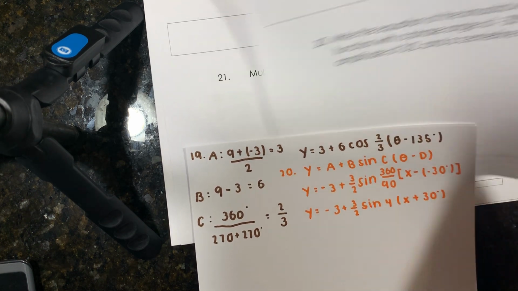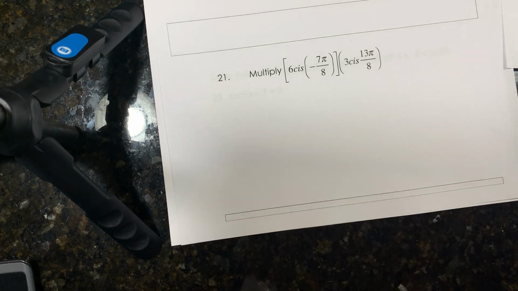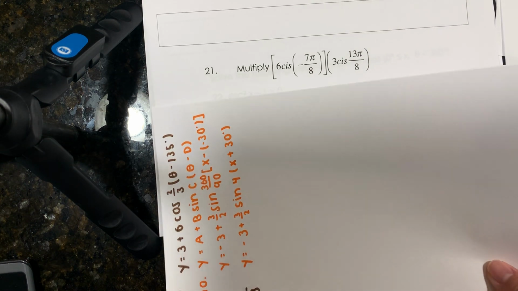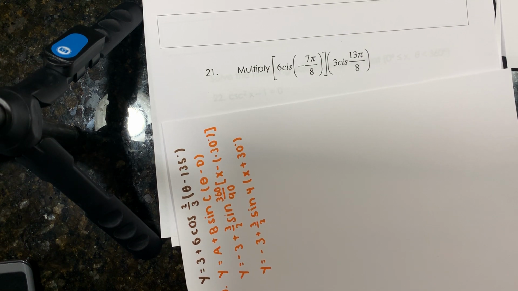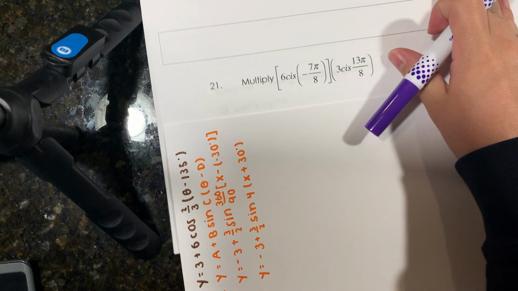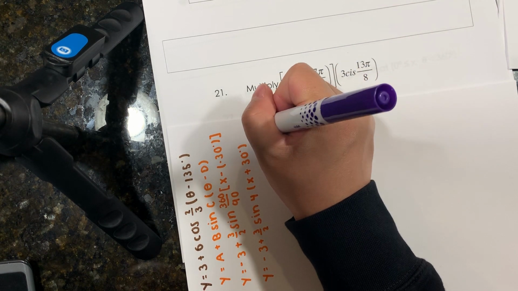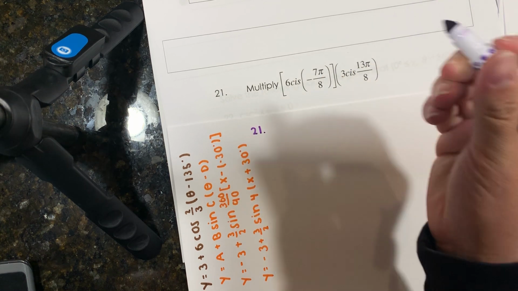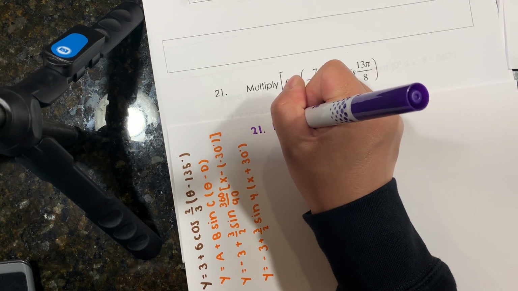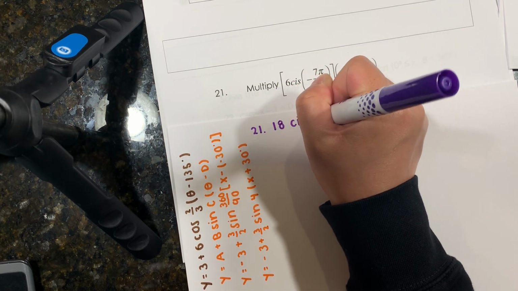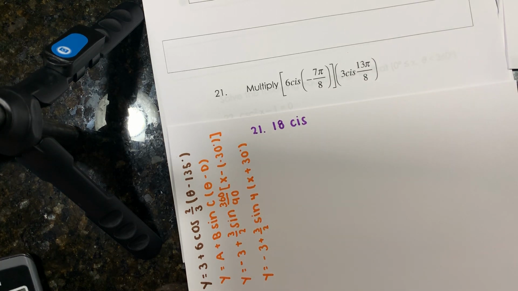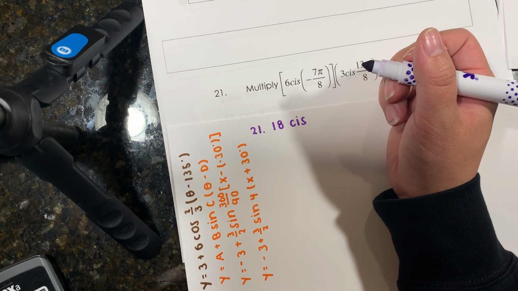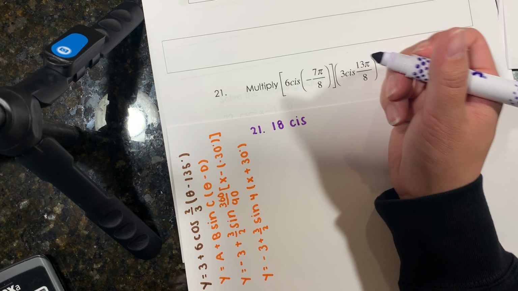Now looking at number 21, what you're going to do first is multiply the outside numbers and then add the degrees together. So in this case, we would have 6 times 3, which is 18, cis, and when I add those together, 13 minus 7 would be 6.